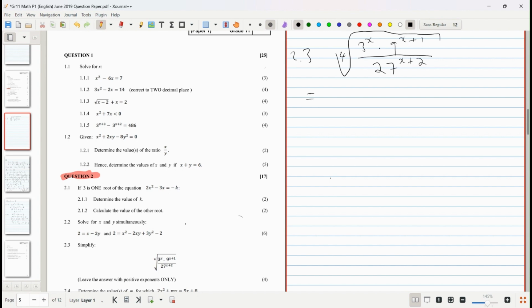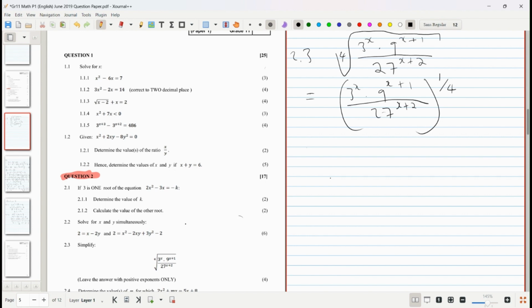Before we apply the rule, we can write this root 4 here as 3 to the power x, 9 to the power x plus 1, and then 27 to the power x plus 2. This fourth root can be written as the power 1 over 4.